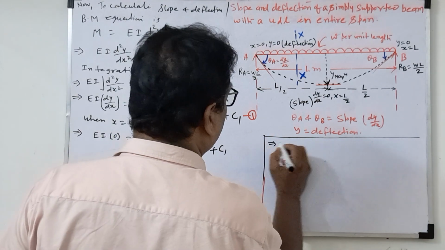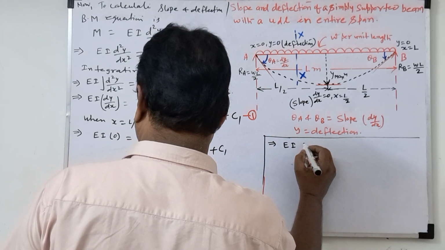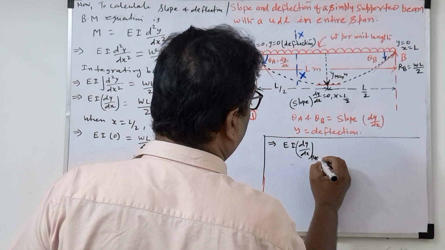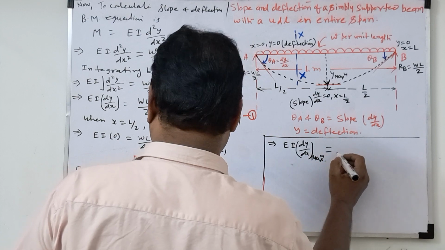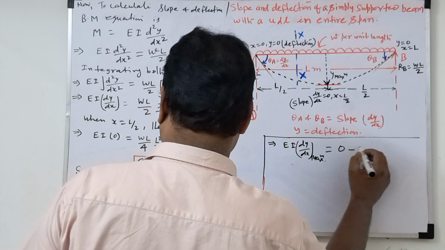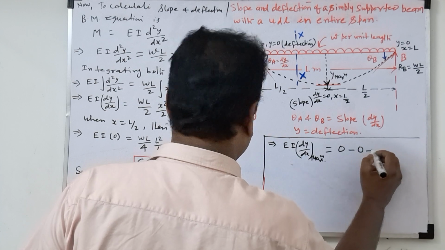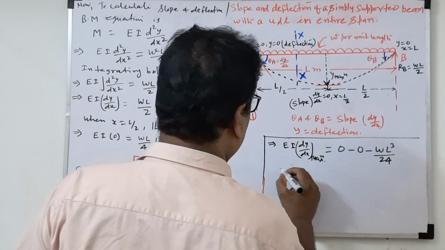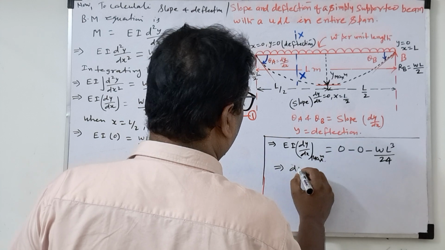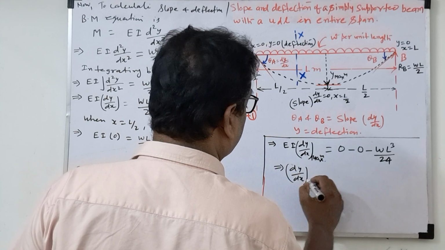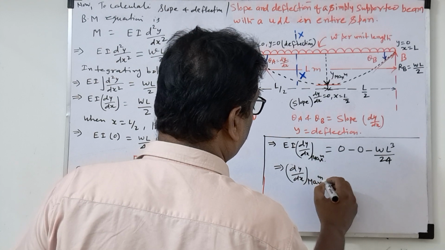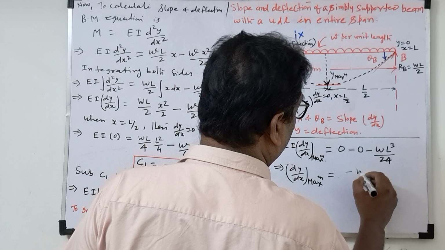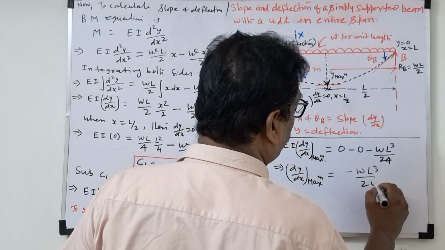So now what will come? EI dy by dx maximum, then put x equal to 0, 0 minus WL cube by 24. So finally dy by dx maximum, that is slope is maximum, is known as WL cube by 24.